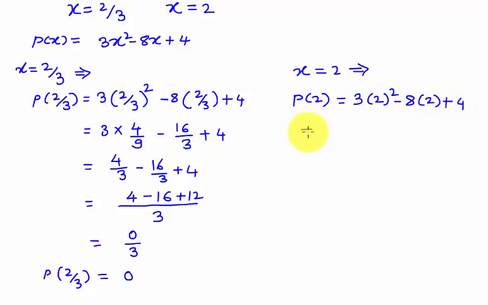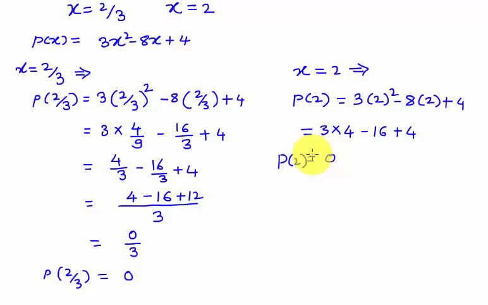Now let's solve this expression further. So 3 into 2 square is 12, minus 8 into 2 is 16, plus 4. So 4 3s are 12. 12 plus 4 is 16. 16 minus 16 is 0. That means value of polynomial at 2 is 0.